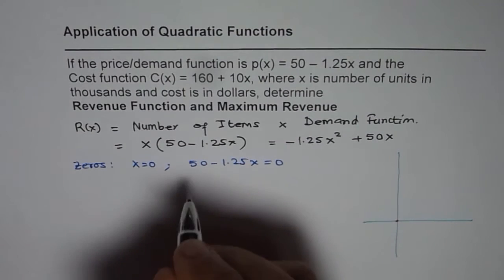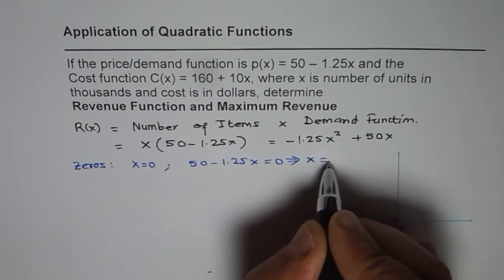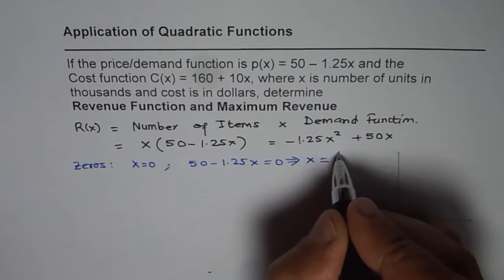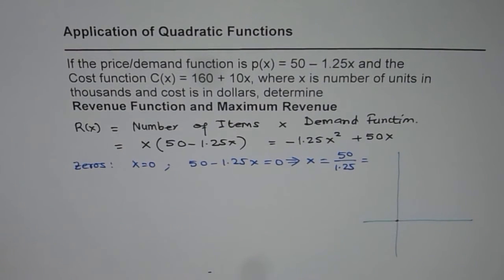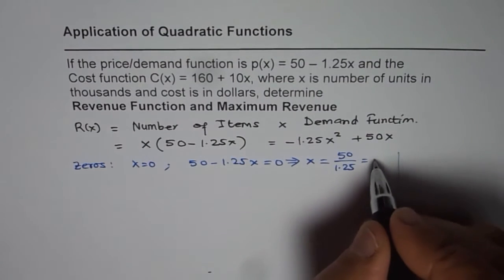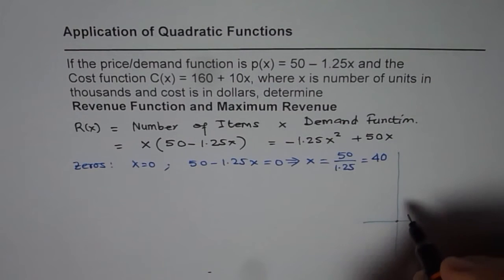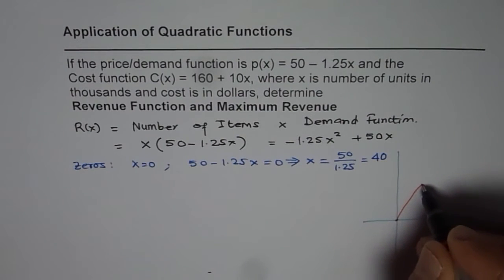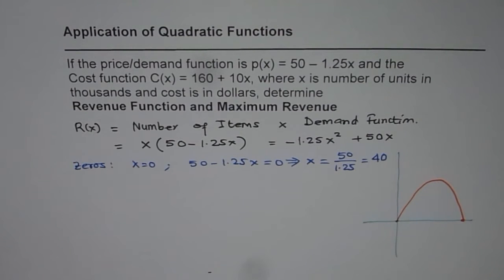We'll take this on the right side, and then we say that means x is equal to 50 divided by 1.25, right? Which is how much? Let's use the calculator. So it is 50 divided by 1.25, which is equal to 40. So we have the other zero at 40, right? So that means we have a parabola which is kind of like this, and then it goes kind of like this, right? So this point is at 40.